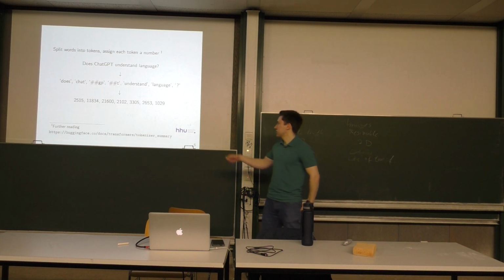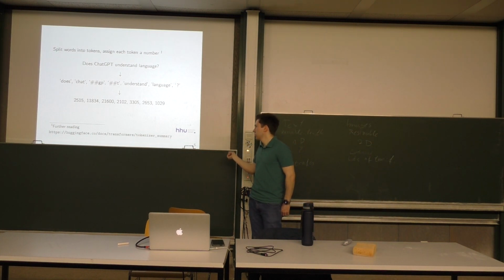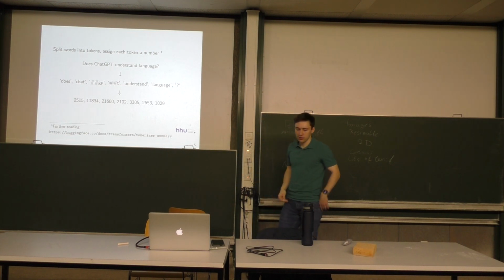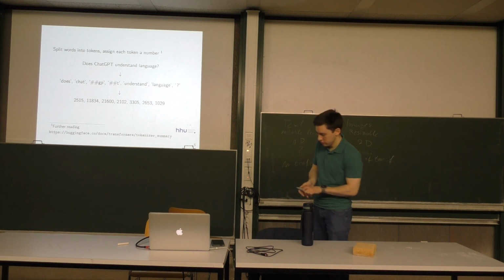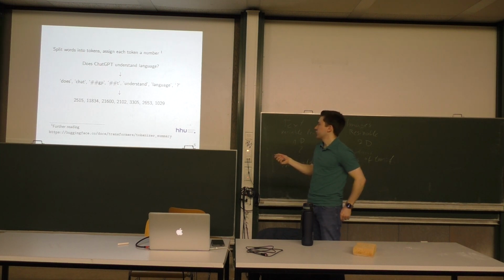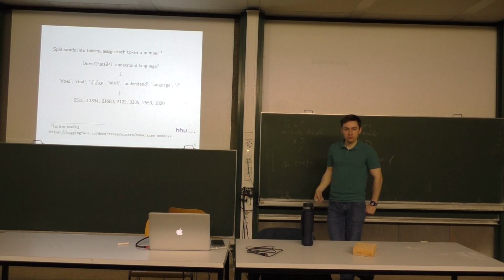So here we have the sentence, does ChatGPT understand language? And the words does, understand, language are all very common, so they each get their own token here. But ChatGPT is not a common word, though it's becoming more common maybe. So this gets split into tokens: chat, GP and T, and these hashtags here mean that it is a sub-word token.